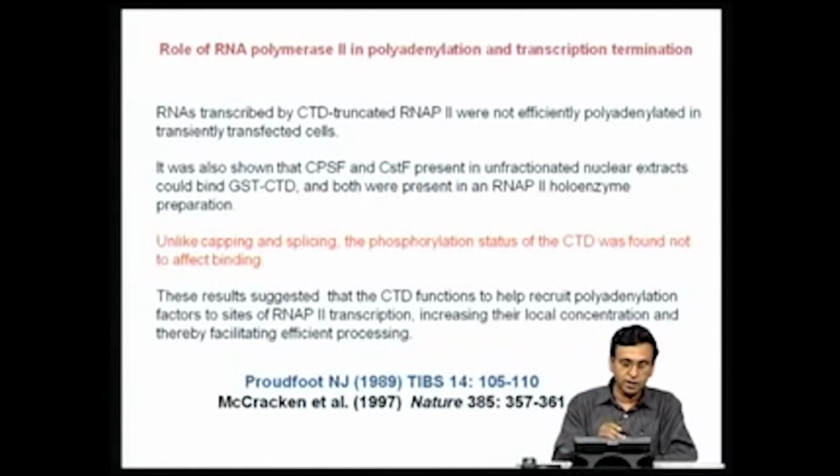The evidence is that RNAs transcribed by a CTD truncated RNA polymerase II were found to be not efficiently polyadenylated in transiently transfected cells.